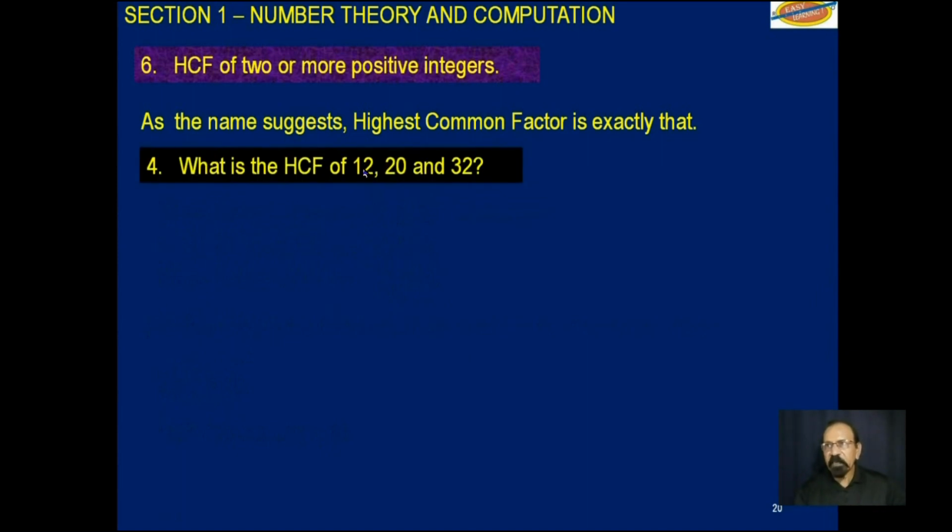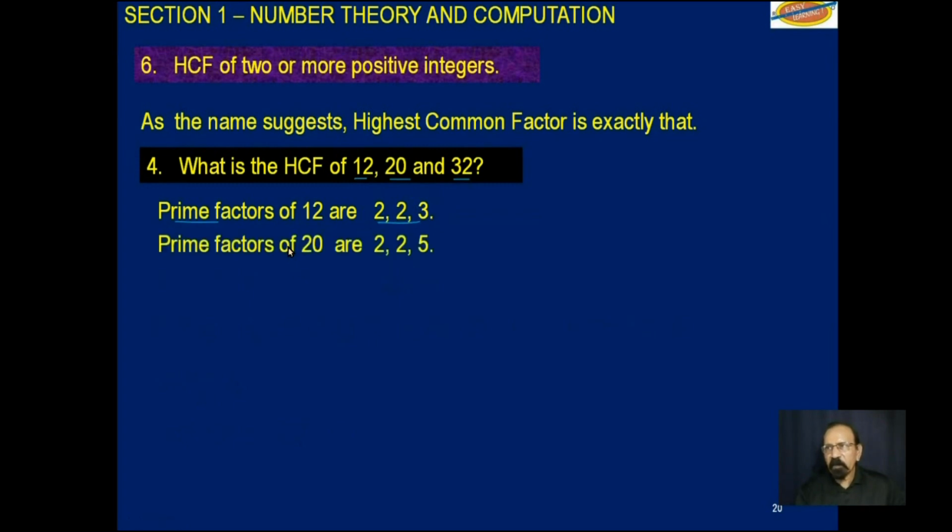Let's look at one more example. Let's find the HCF of 12, 20, and 32. The prime factors of 12 are 2, 2, and 3. The prime factors of 20 are 2, 2, and 5. And the prime factors of 32 are 2, 2, 2, 2, 2. Okay, do we have anything common to all 3 of those lists?